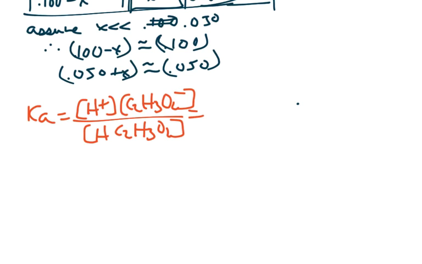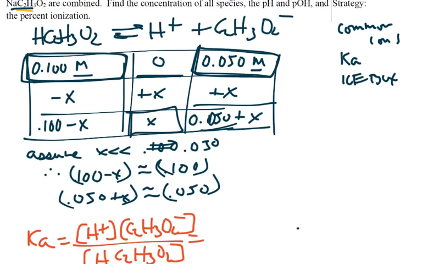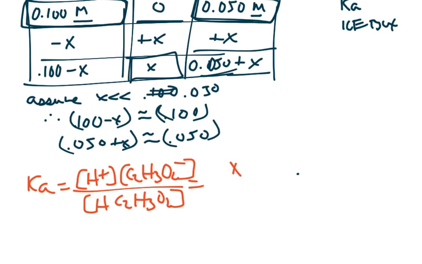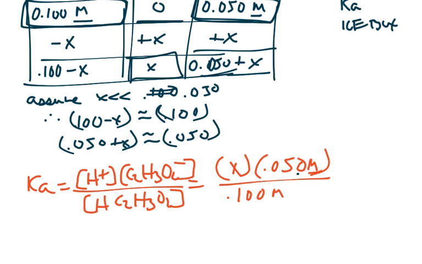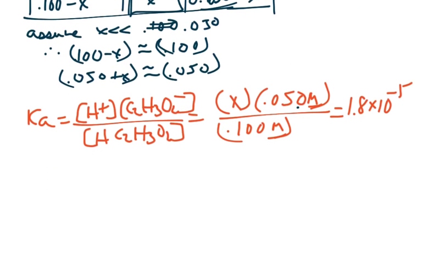Let's go back to here: H plus is x, times 0.050 molar, over 0.100 molar, and that equals 1.8 times 10 to the negative 5, the number we got way back in example 3. Okay, I need to work quickly. I'm kind of running out of time, so we can see that x is going to equal 3.6 times 10 to the negative 5.